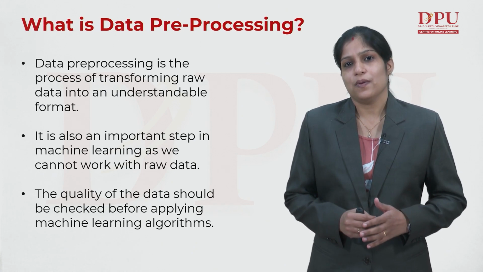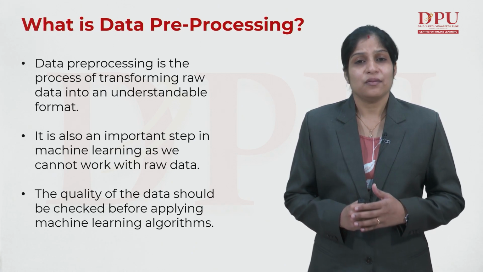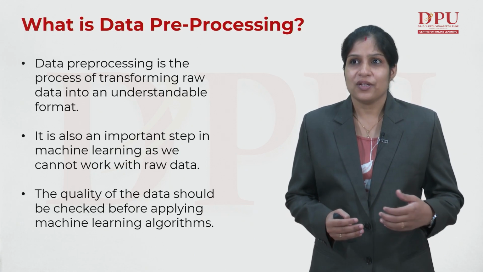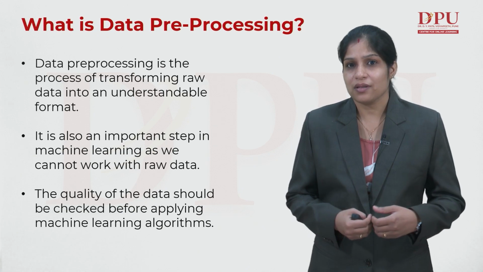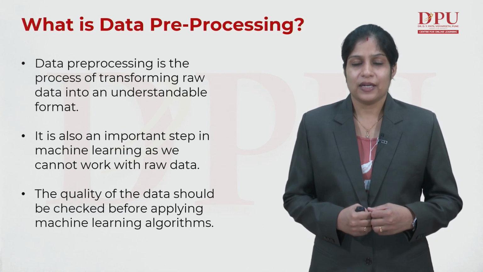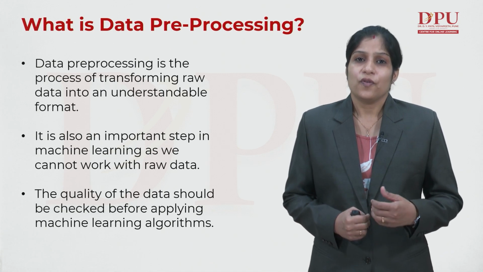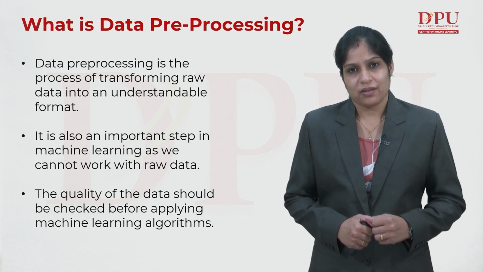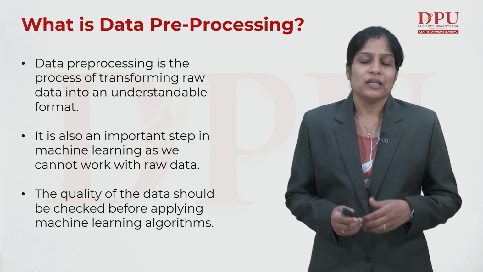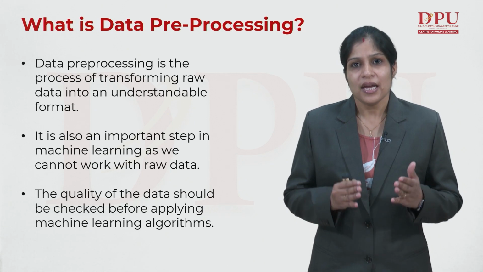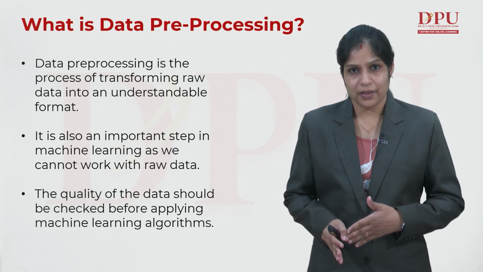Now, why are we cleaning our data? Because in the real world, our data set contains many flaws. There can be many data whose values are missing, or their value may be wrongly input in the system. So, for these reasons, we require data preprocessing. Data preprocessing is nothing but the process of transforming the raw data into an understandable format.